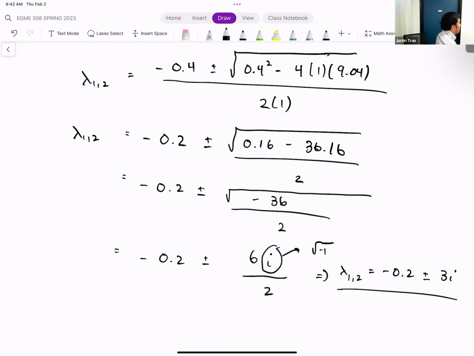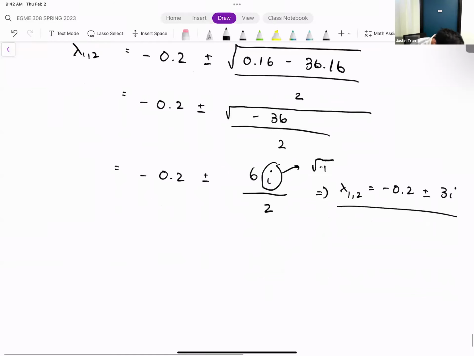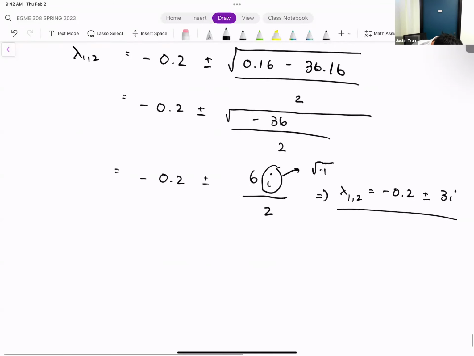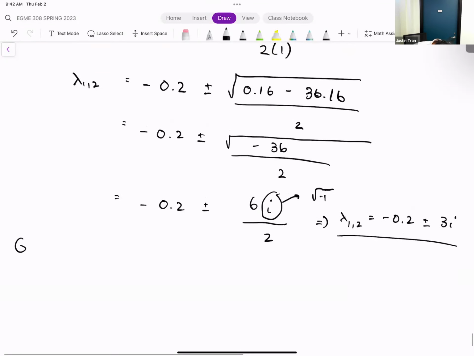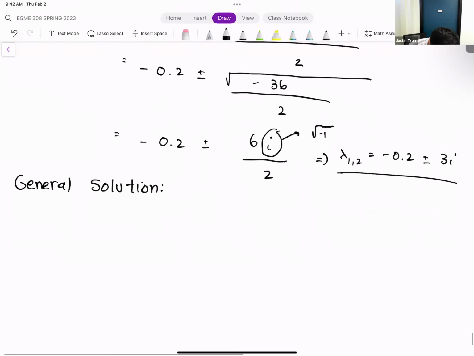All right. So now that we have this as our roots, we can go ahead and form our general solution based on these two roots. And so our general solution here, first we're going to take the real part.